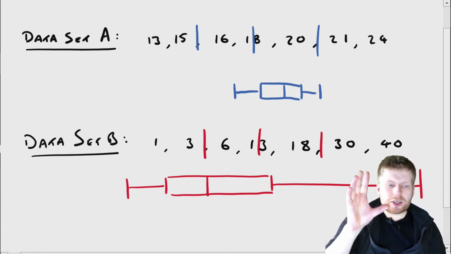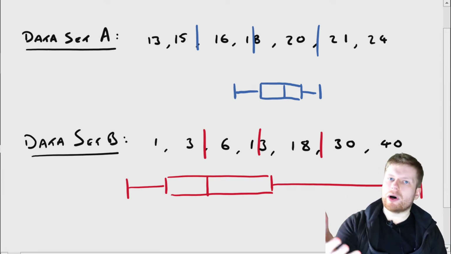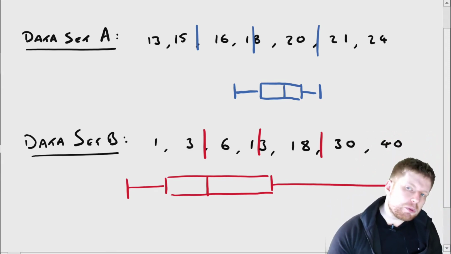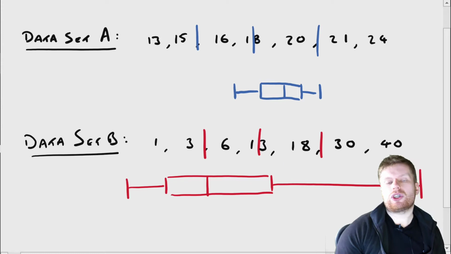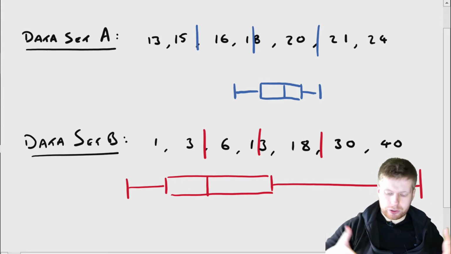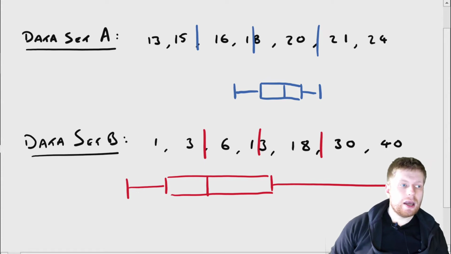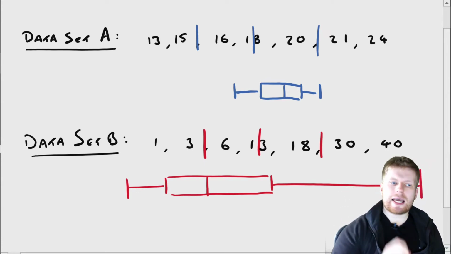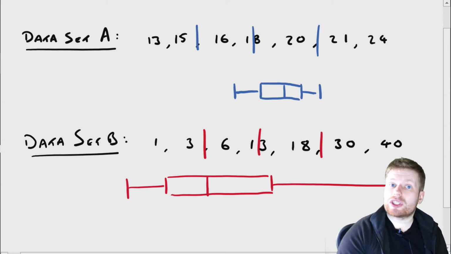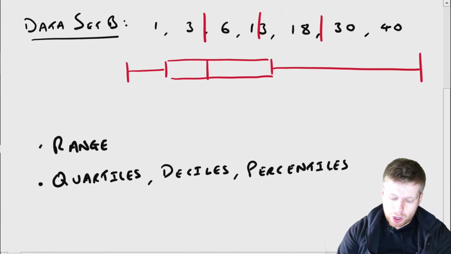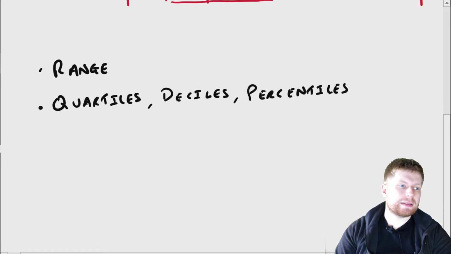So one measure of spread, which we've done before, is quartiles. When you split the data into 4 equal parts, how spread out are these quartiles? If they're really spread out, you can see that on the box plot, it means the data is more spread out as well. Whereas if they're more closely clustered together, the data has a lower spread.